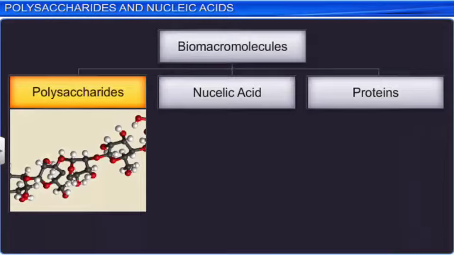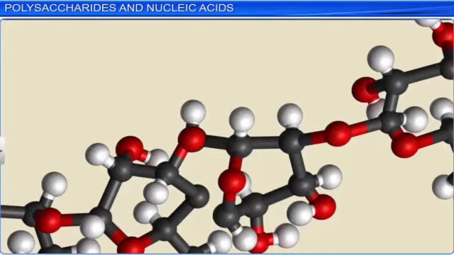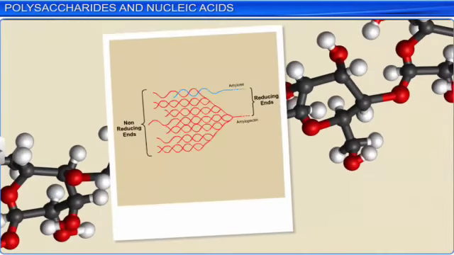We'll now learn about polysaccharides in the acid-insoluble fraction. Polysaccharides are long chains of sugars. They are thread-like structures consisting of different monosaccharides as building blocks. In a polysaccharide chain, for example in starch, the right end is known as the reducing end, while the left end is called the non-reducing end.